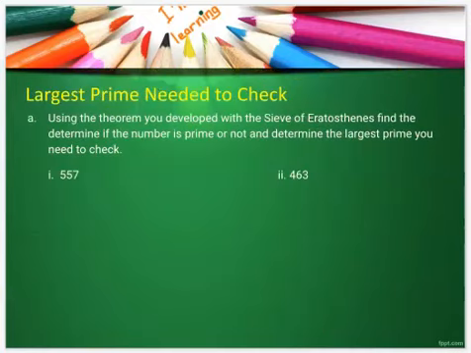So, one of the things that also comes out of the sieve of Eratosthenes is which primes we need to check to see if a number is prime or composite. There's a theorem that you can develop through the activity that you did, where you determine the largest prime number you need to check.